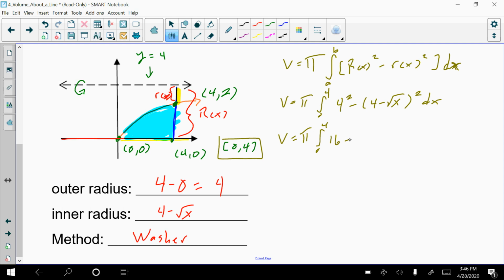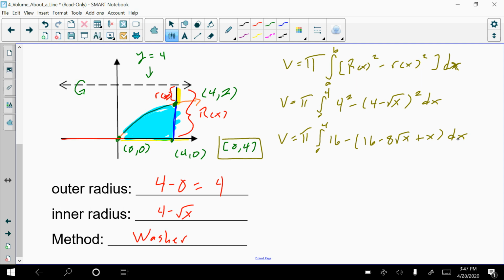Now, somewhere off to the side, you may want to take a moment to FOIL, distribute the binomial that you have there. When you do, you're going to get 16 minus 8 radical x plus x, dx.